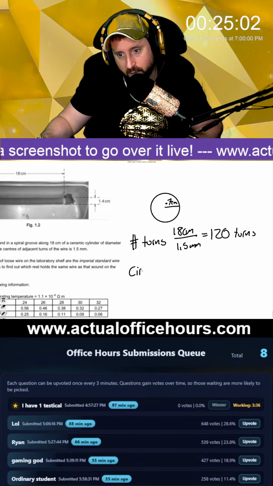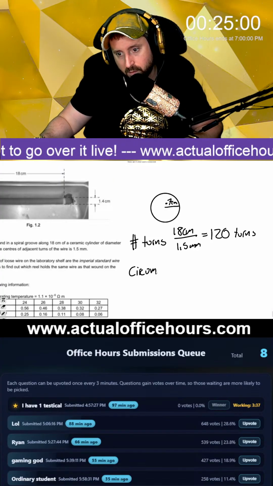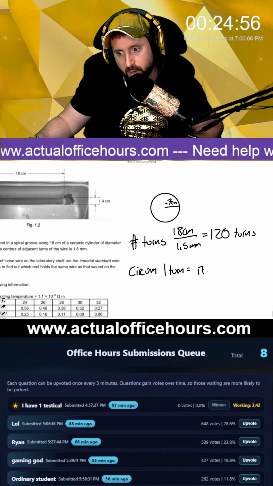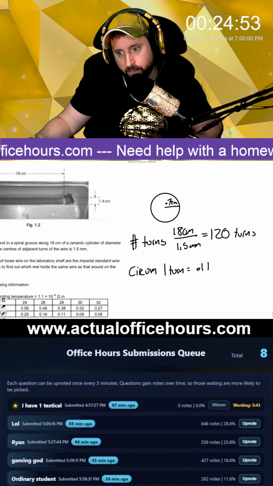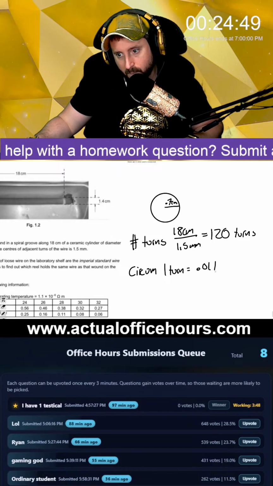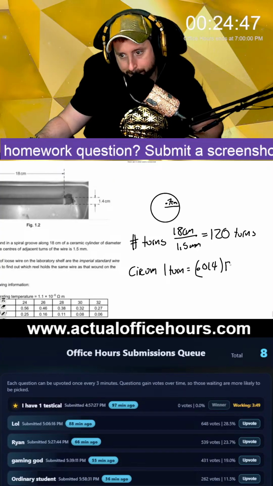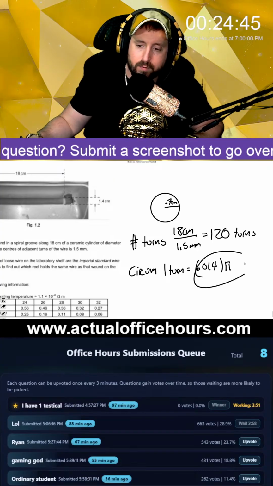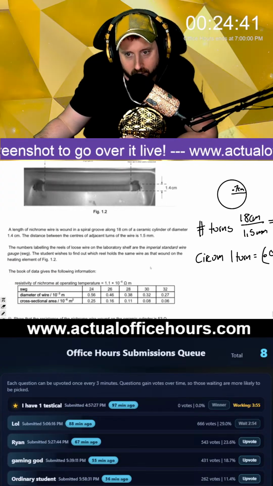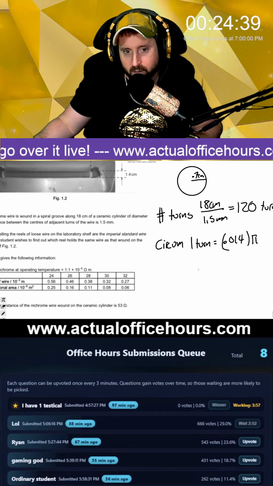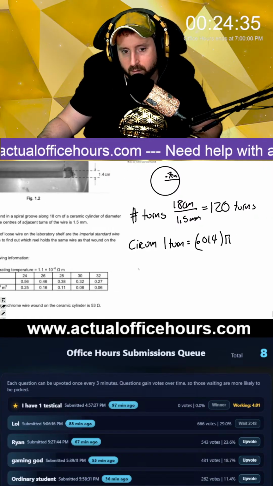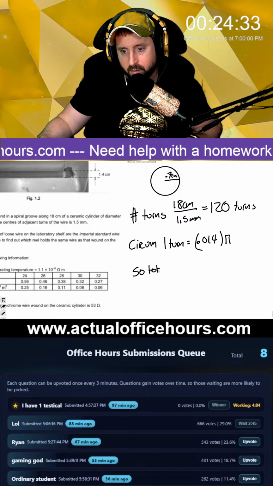So the circumference of one turn is equal to 0.14, sorry, times pi. Great. So if I do this times this, I'm going to get the total length of wire, I think, that's being used. So total.